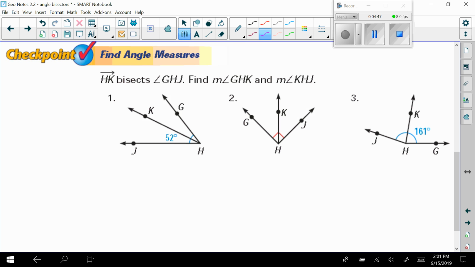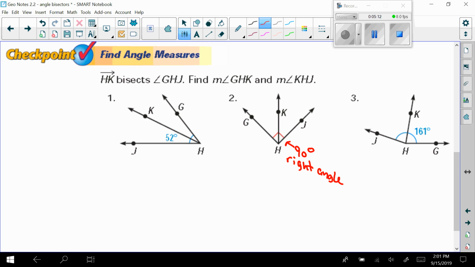Does anyone know what the red box means? The red box means 90 degrees, right? That's a right angle, okay? So that'll help us when we have to figure out what each of these angles equals if the whole angle is 90 degrees. And then here we have a big obtuse angle that's 161 degrees, also bisected by ray HK.